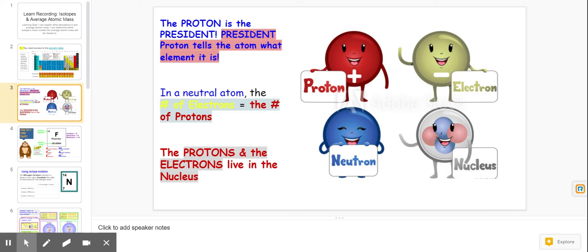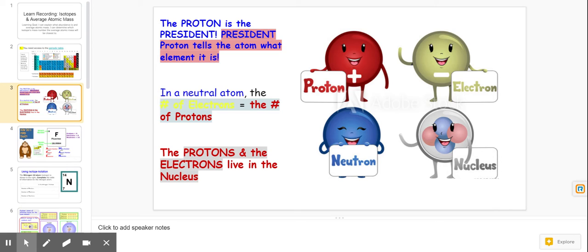That proton is the most important particle. The proton is the president. The president proton tells the atom what element it is. The proton is positive. The proton has a mass of 1 unit, and it resides in the nucleus.